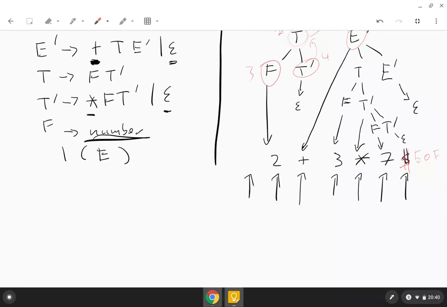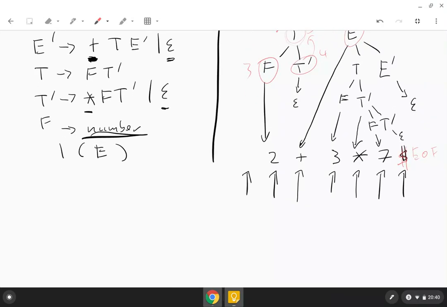Let's look at the pseudocode for T prime. So this is my function T prime, and its first order of business is to decide which production it's going to use. So it can check my look ahead token.